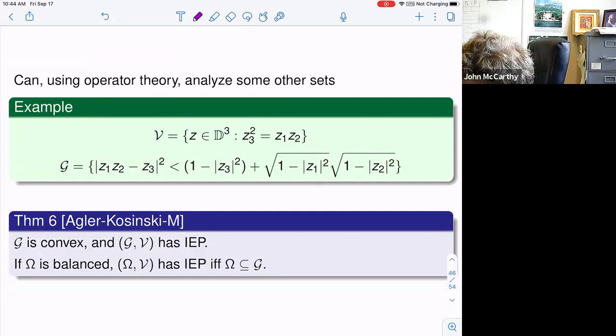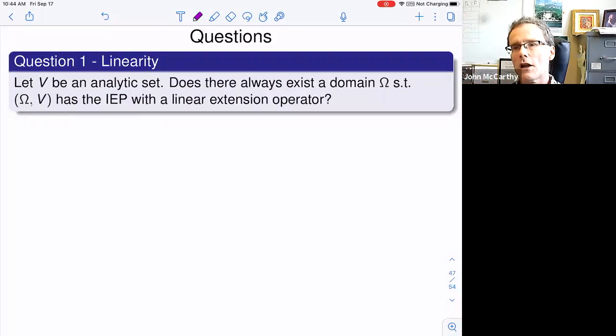Let's see. So let me close with some questions. First one is linearity. So suppose V is any analytic set. We know there's always some domain Omega such that the pair Omega, V has the isometric extension property.